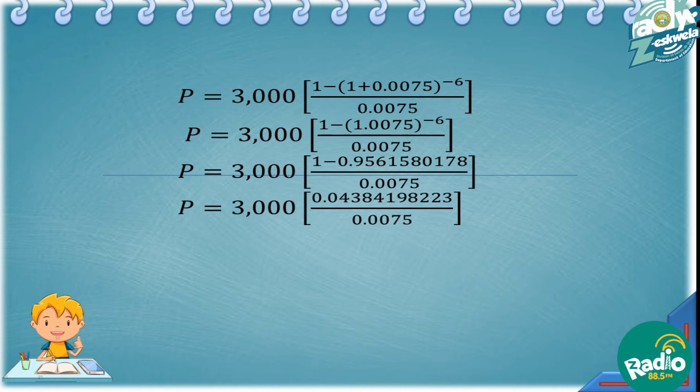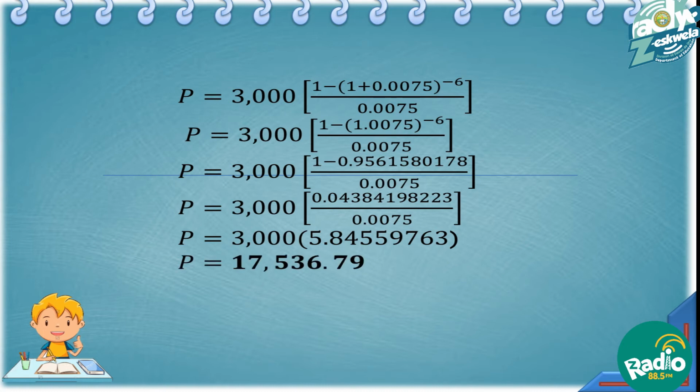That is 3,000 times 0.0438419822 all over 0.0075. And that gives us 3,000 times 5.84559763.